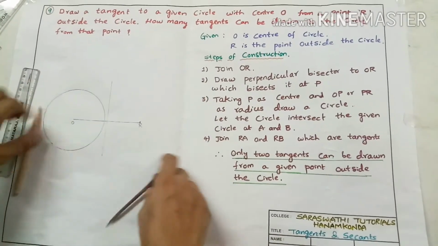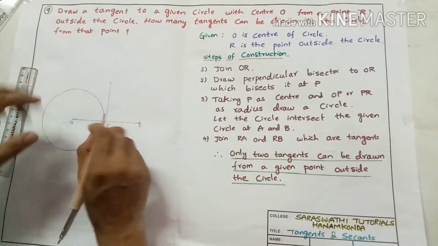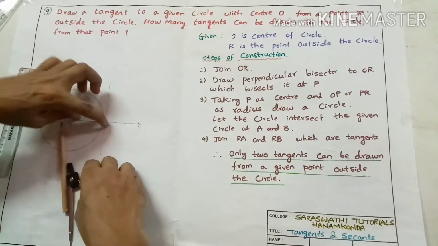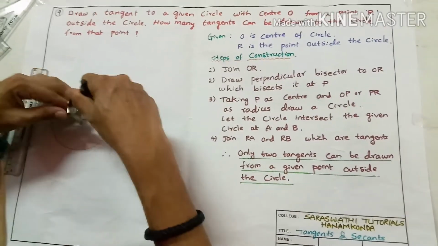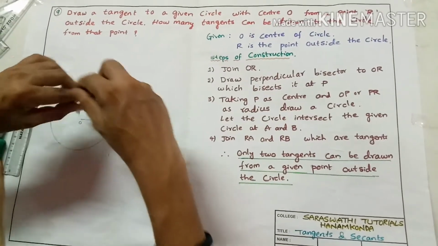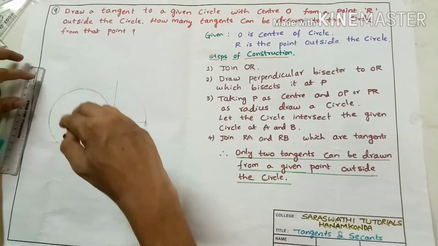Let it bisect at P. Taking P as center, and OP or PR as radius, draw a circle.